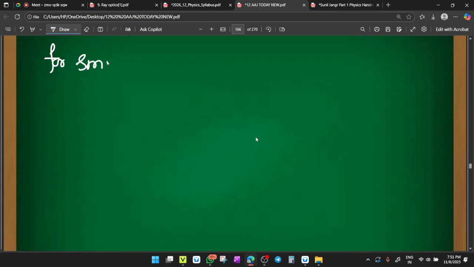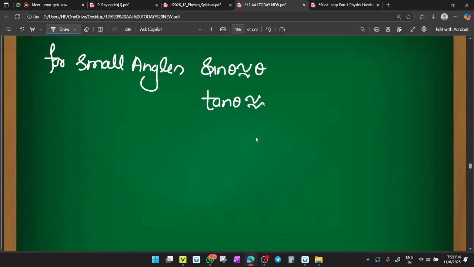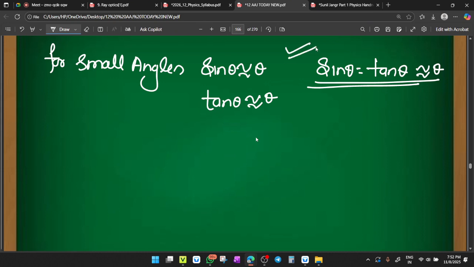For small angles, sine theta is approximately theta, and tan theta is also approximately theta. So sine theta equals tan theta, and both approach theta. Write this point. So sine theta equals tan theta equals theta. Clear?